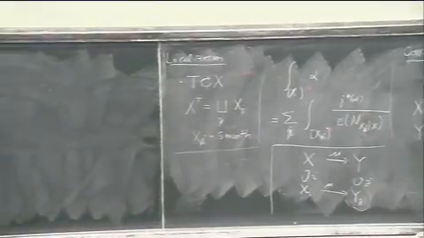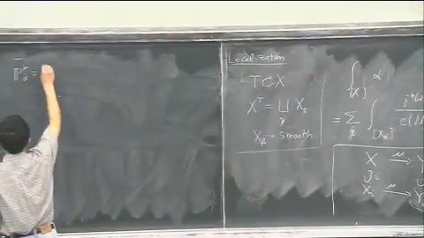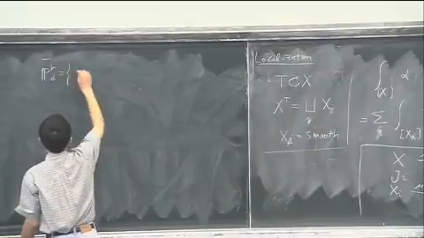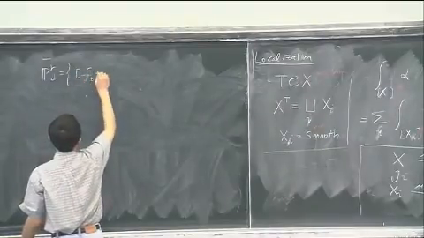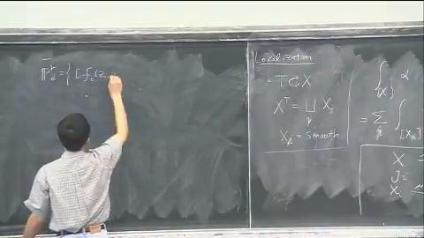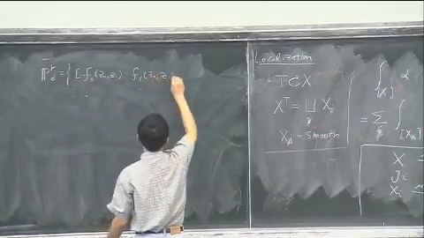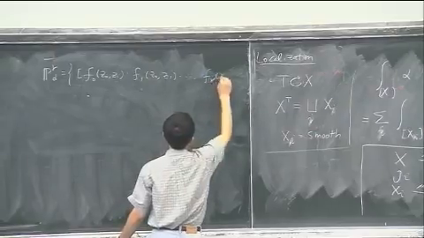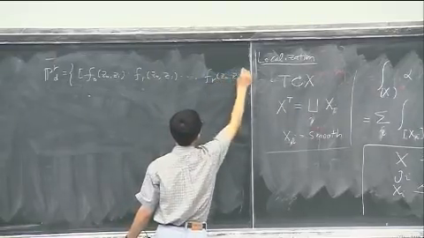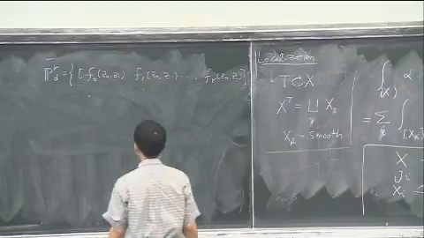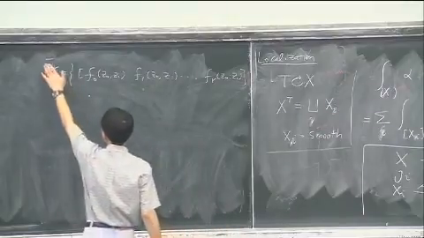So P^R_D is going to be something which looks like F0 of Z0, Z1, F1 of Z0, Z1, up to FR of Z0, Z1, right? So it's R plus 1 tuples of degree D homogeneous polynomials in two variables.